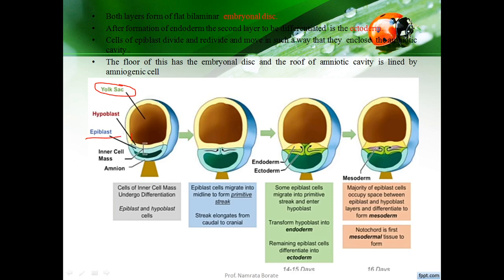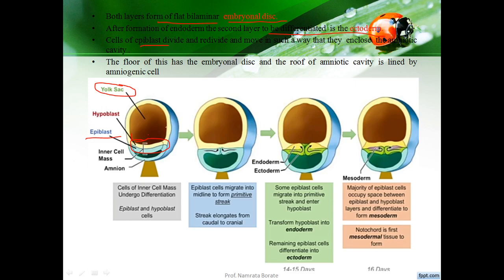Both layers form a flat bilaminar embryonal disc. So these two layers together form a flat bilaminar embryonal disc. After the formation of endoderm, the second layer to be differentiated is the ectoderm layer.